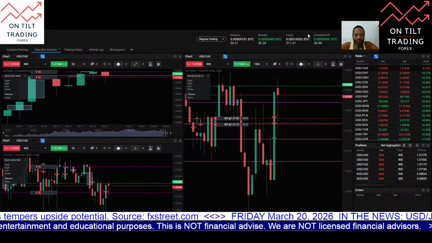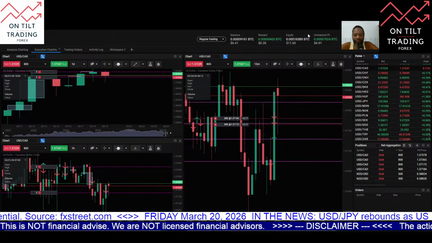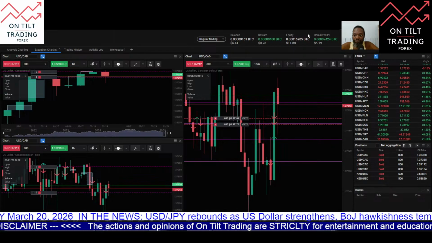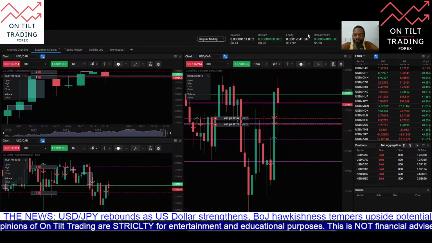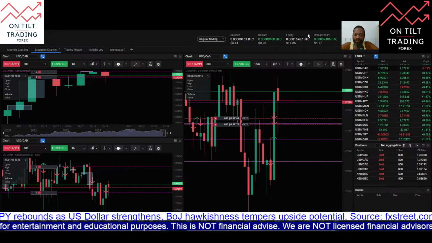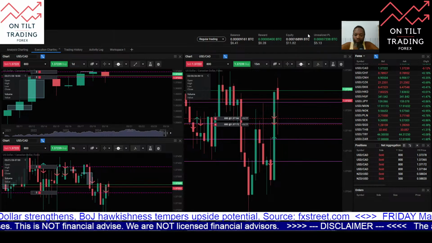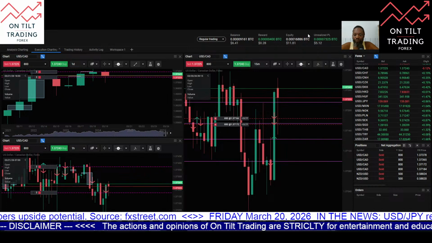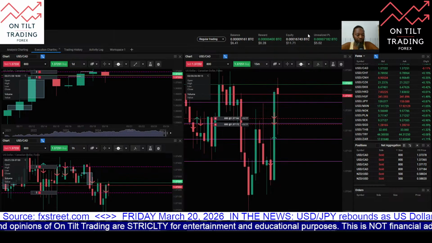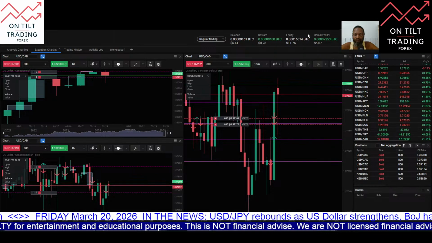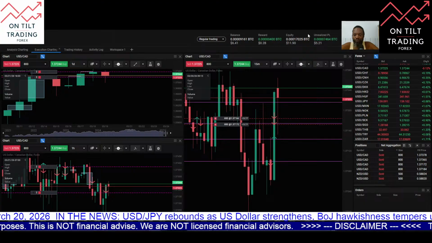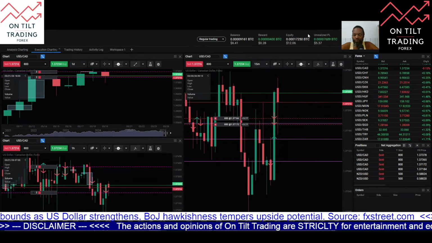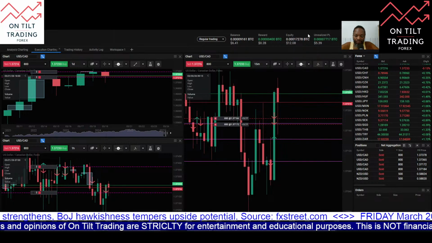Okay, less than 4 minutes remaining in this current 15-minute candle. Price still consolidating here, 137,220.